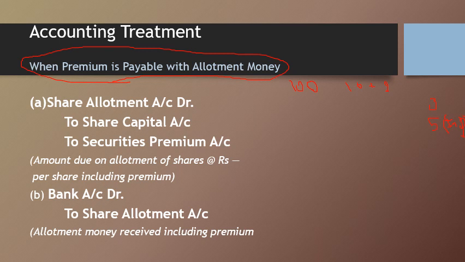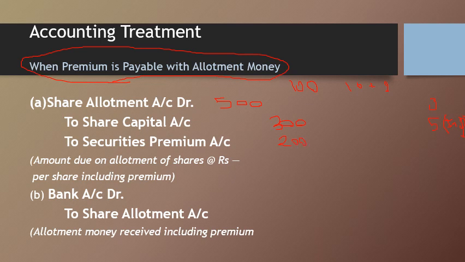So when the allotment money is made due, the journal entry will be like this. Share allotment account debit to 100 into 5, rupees 500, out of which allotment money should be transferred to the share capital. So actual allotment money is rupees 3, so 300 will be 3 into 100. 300 will be transferred to the share capital, and the remaining 200 is the premium, which should be transferred to the security premium account.